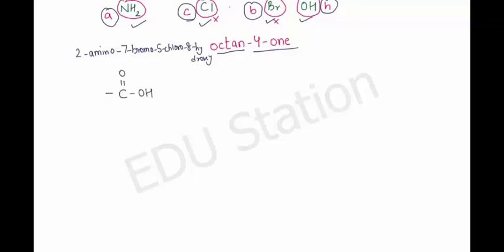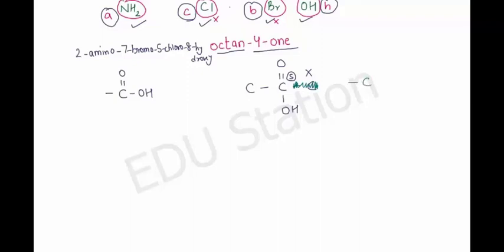It is not possible that acid is in the middle of the carbon chain, because if you put it in the middle of a carbon chain, it will be C double bond O OH. Then this carbon will have 5 bonds, which is not possible. So acids are always at the end. They cannot be in the middle of the series. They are always at the end. They are called terminal groups.